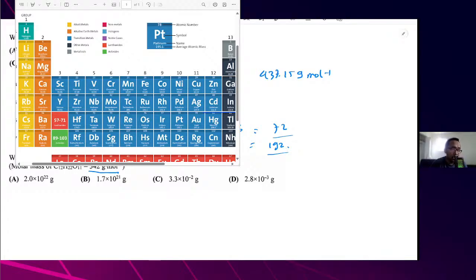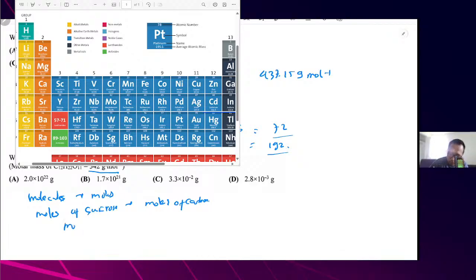The key concept, and this is so important: molecules will become moles, and then moles of sucrose will become moles of carbon, and then moles of carbon will become grams of carbon. Step 1: convert the molecules of sucrose to moles first.